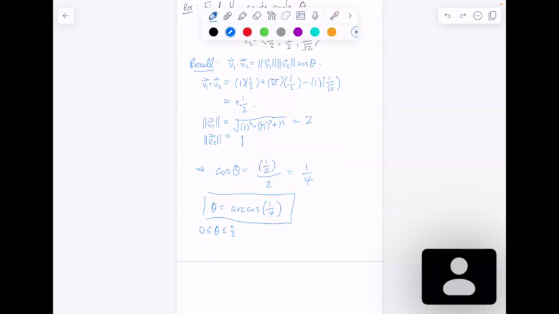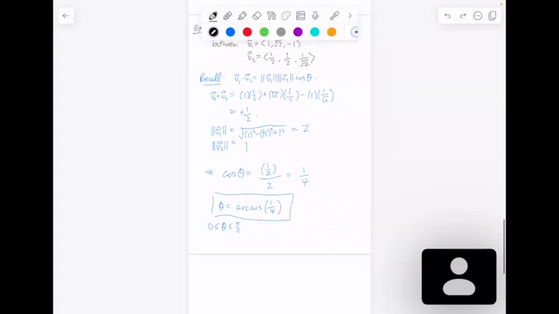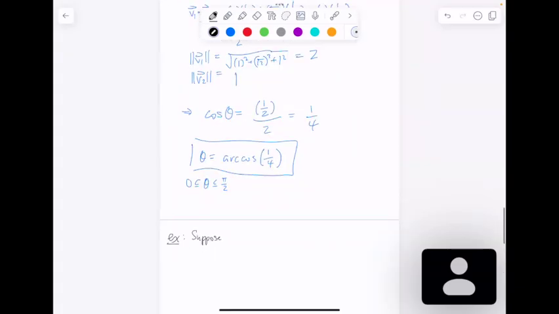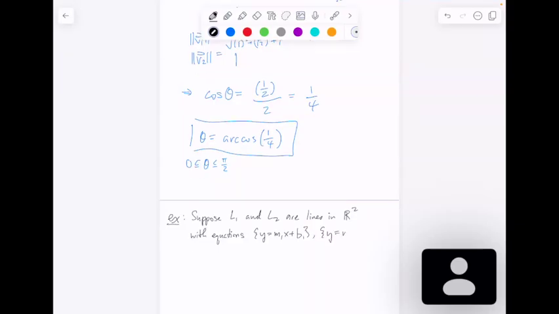With this, let's now apply this to one of our problems earlier, which is finding the intersection angle between lines. Suppose L1 and L2 are lines in R2 with equations y equals m1 x plus b1 and y equals m2 x plus b2, respectively.